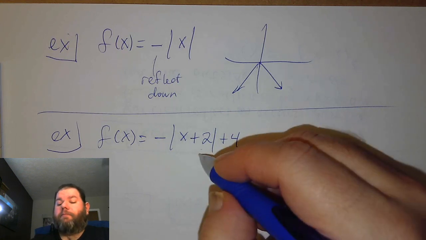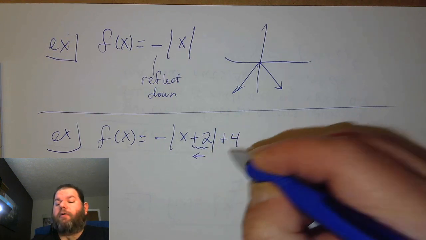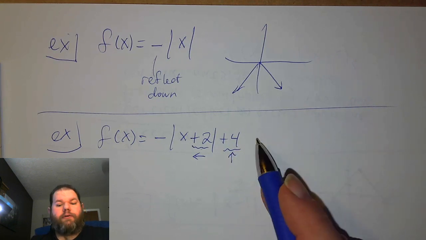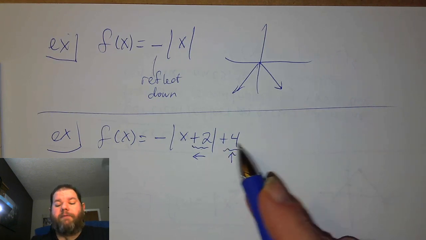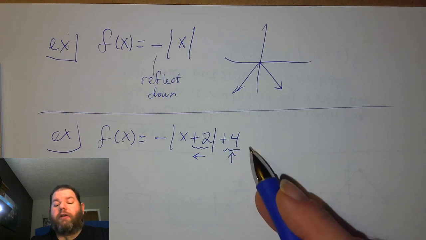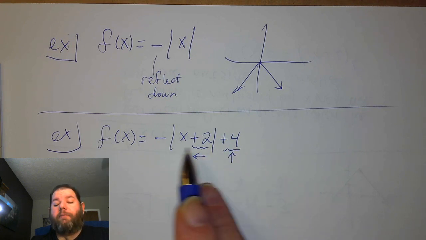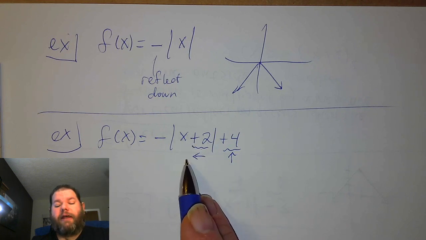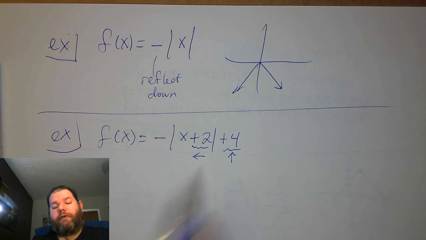Left and up. The one at the end, if it's plus, we know it's up. If it's minus, we know it would be down. This one makes sense. But the one inside the function is always opposite. So plus 2 would actually be to the left, minus would be to the right.